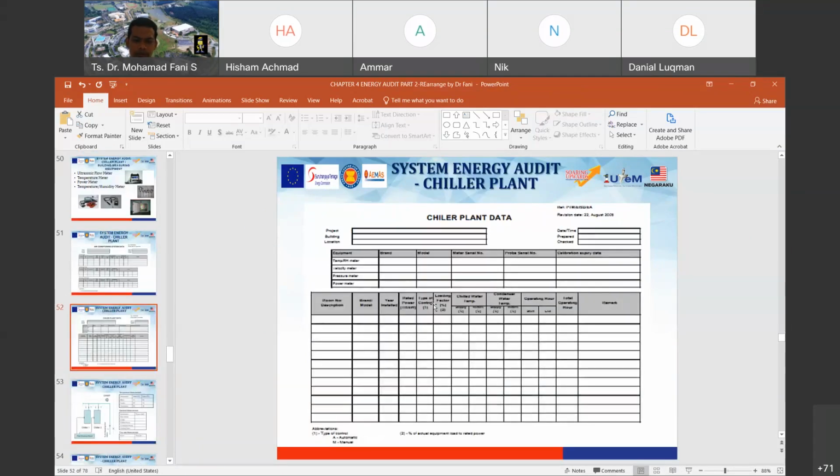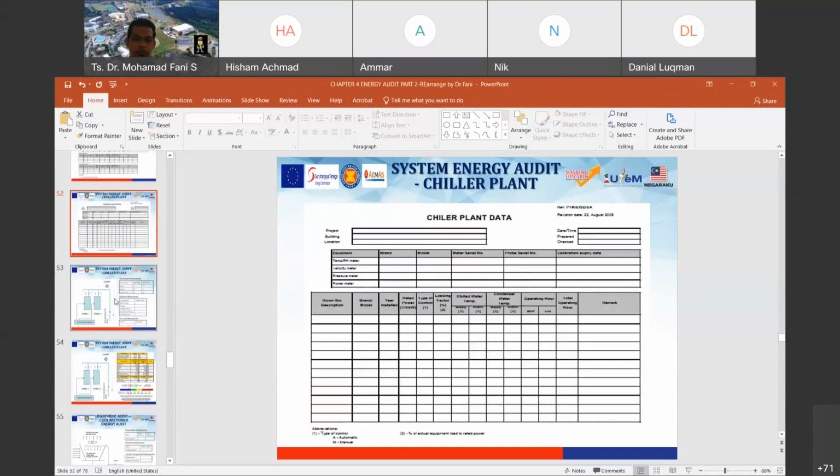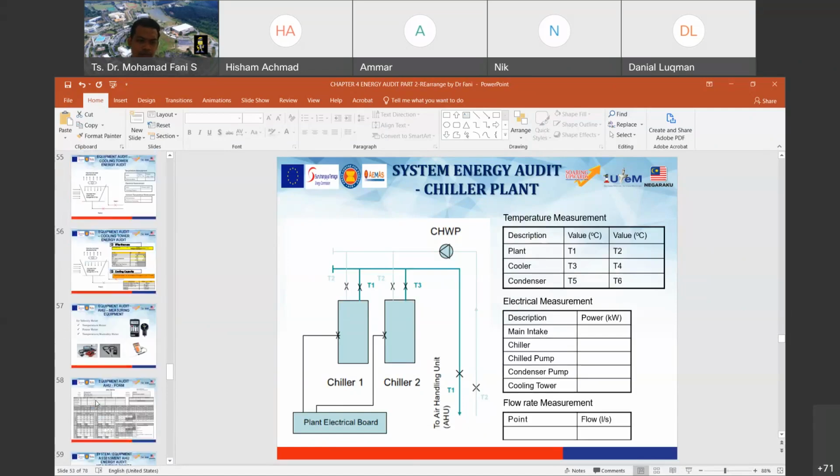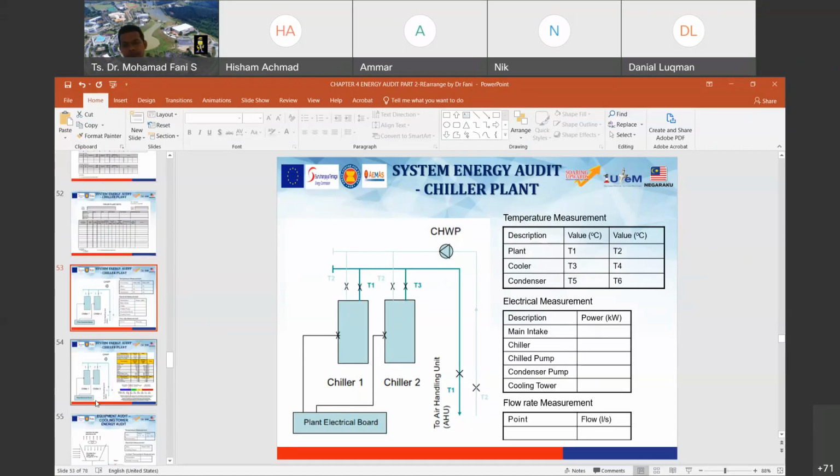This one, so record all the things: chilled water temperature, operation hours, and power rated, and temperature measurement. Okay, I think that's it.